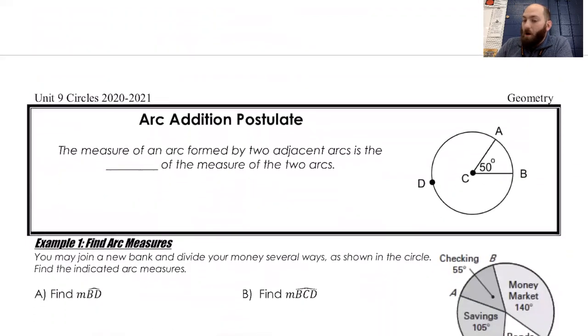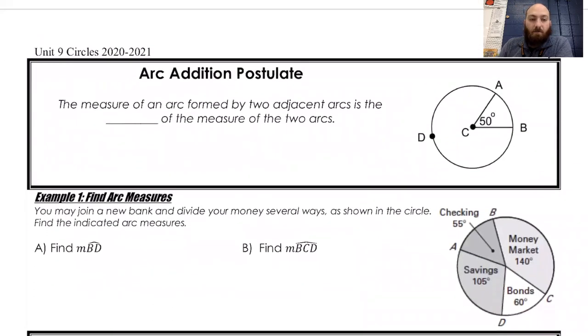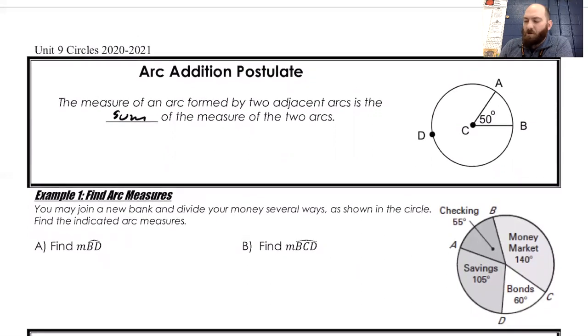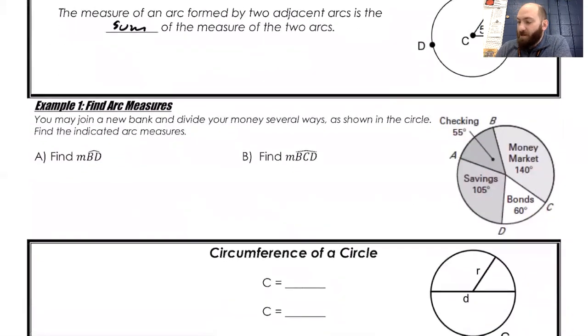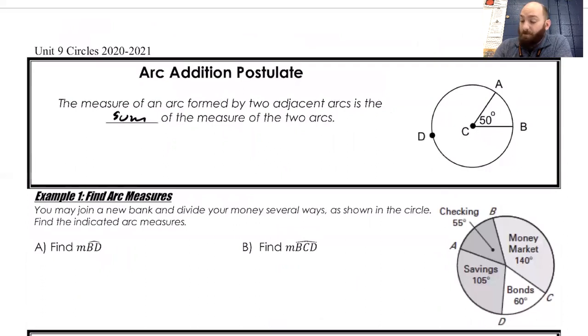All right, arc addition postulate. The measure of an arc formed by two adjacent arcs is the sum of the measure of the two arcs. This diagram doesn't really help as much. One thing to mention that I didn't mention earlier is that central angles always equal the arc measures.